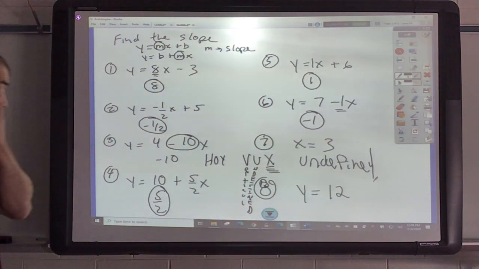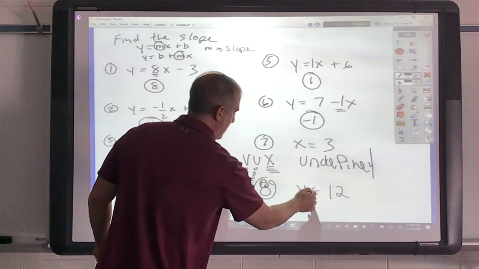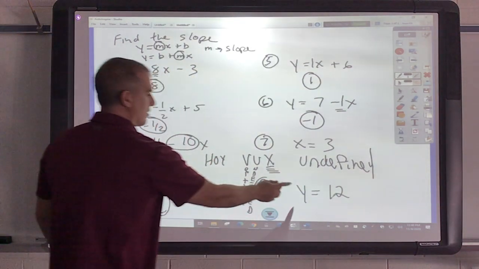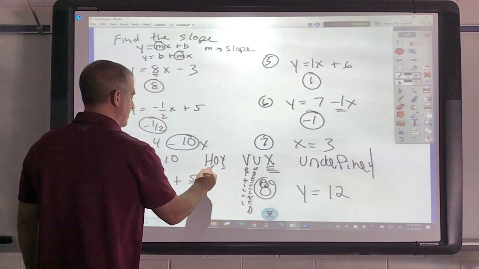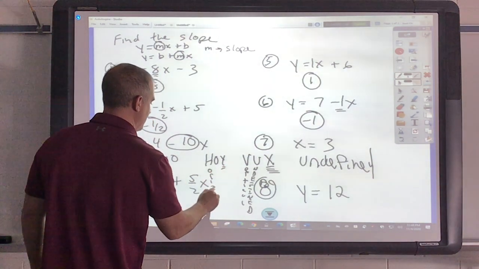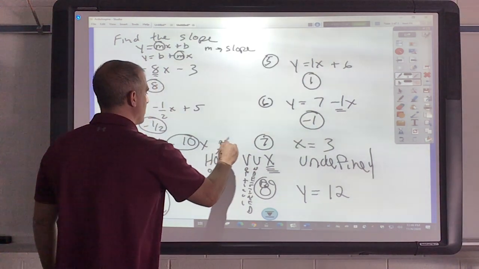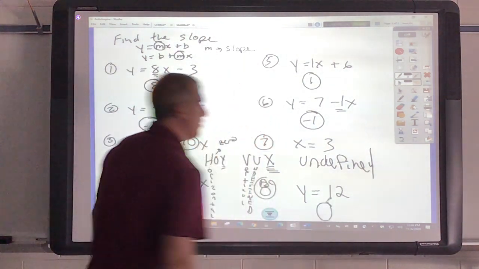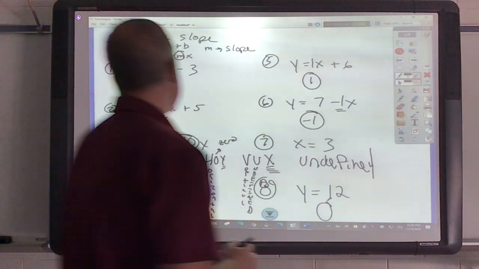HOY, that's for the y equals. As you see on number 8, this is just y equals, but no x. This is HOY. So y equals stands for horizontal line, and that O means 0 slope. So my slope here for the y equals 2 line will be 0. And that's something you have to know.